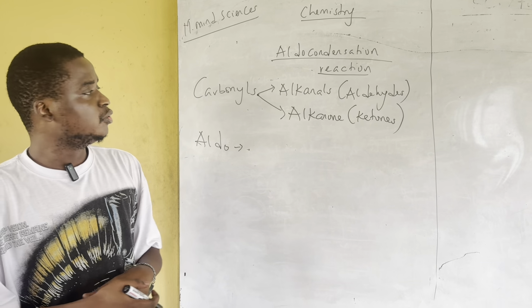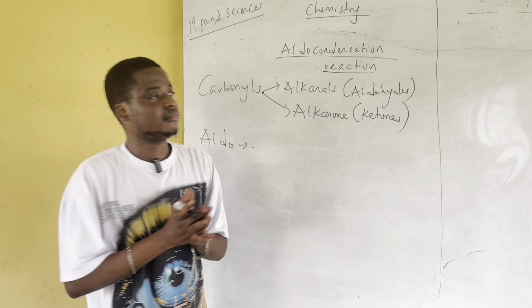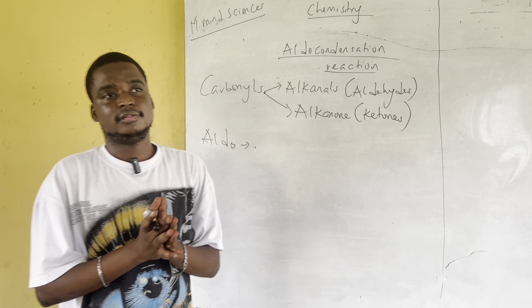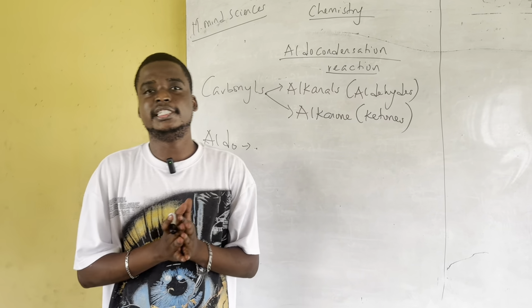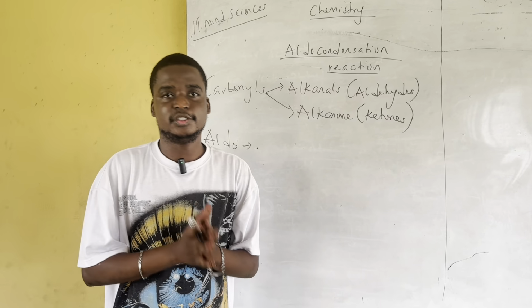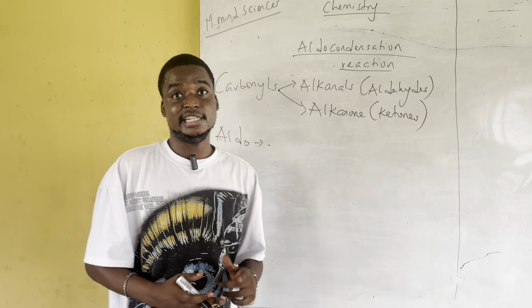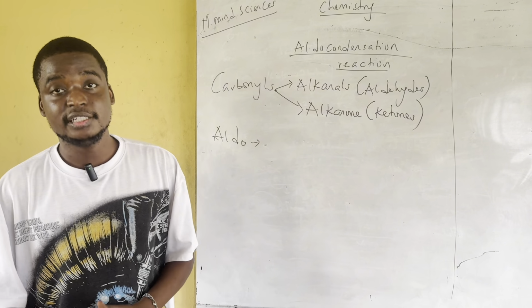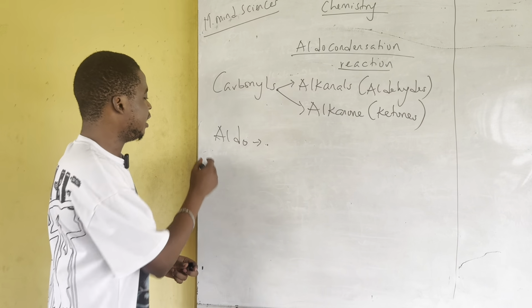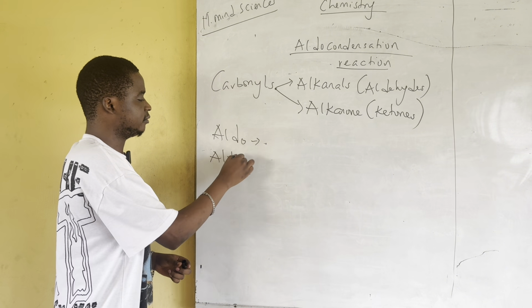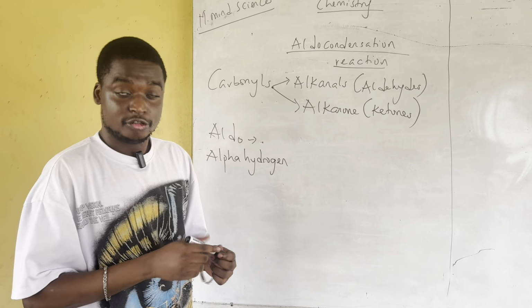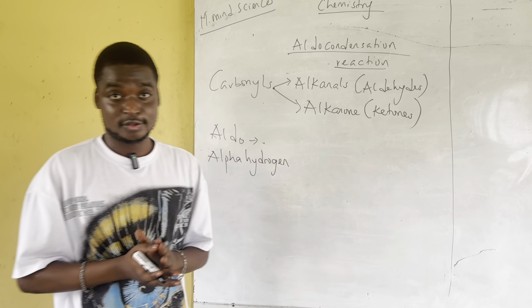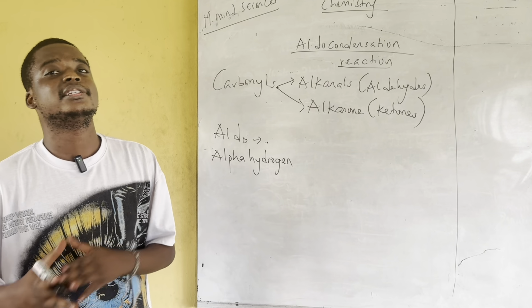It's important to note that not all carbonyls can undergo aldol condensation. When you want to carry out an aldol condensation reaction, you need at least one of the carbonyls having what we call an alpha hydrogen.